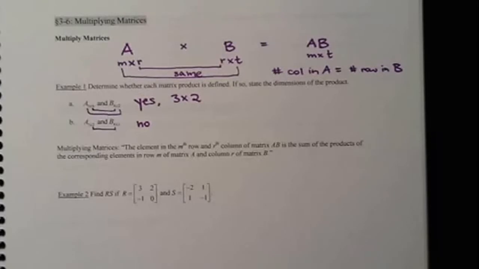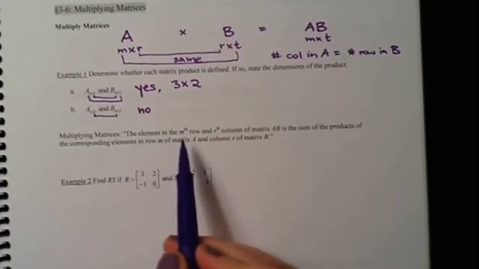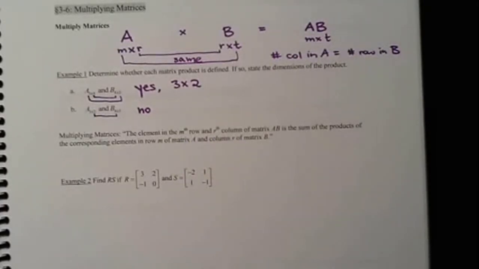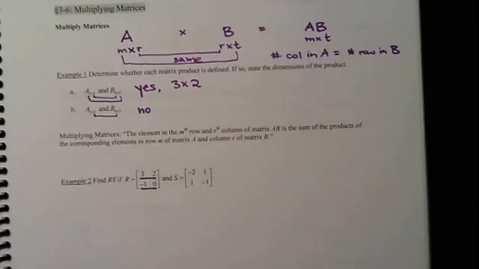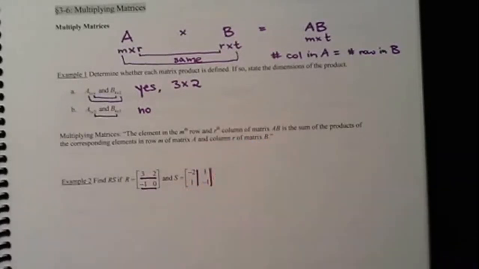Okay, so let's learn how to actually do this. Multiplying matrices, the element in the mth row and rth column of matrix AB. I know this all sounds very generic and weird. What we do is we organize the first matrix by rows like this, and we organize the second matrix by columns like this.